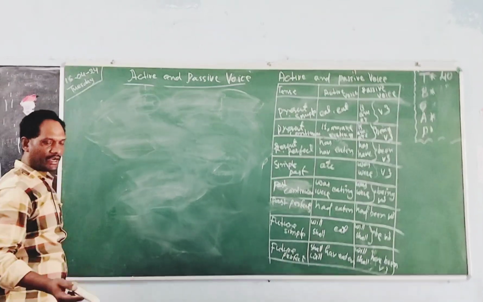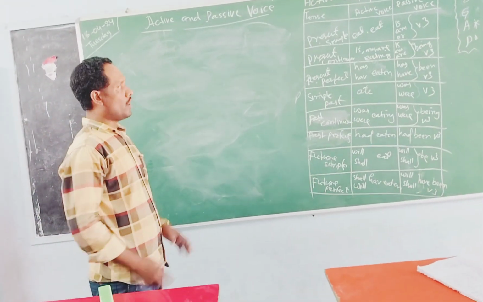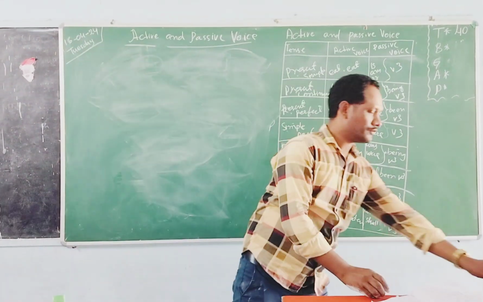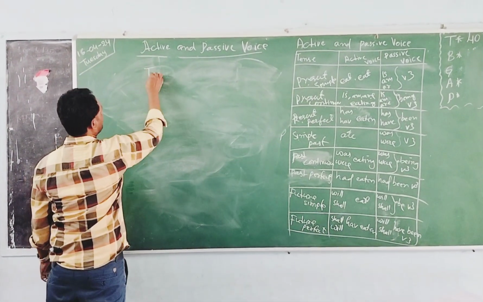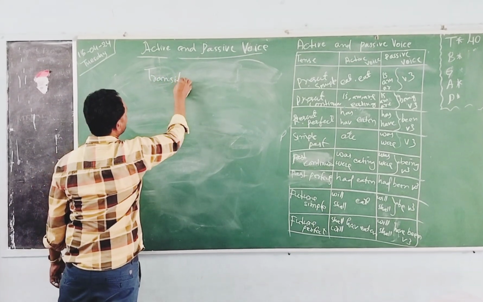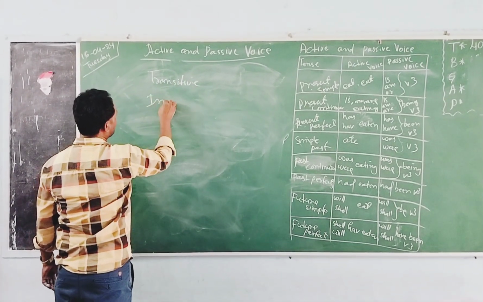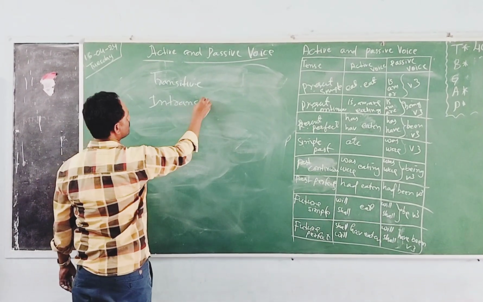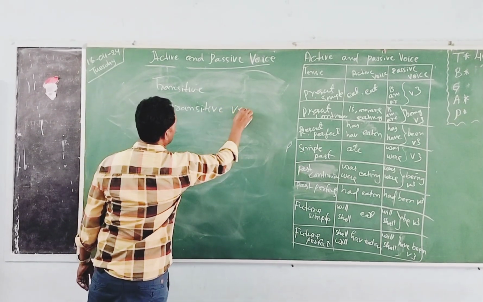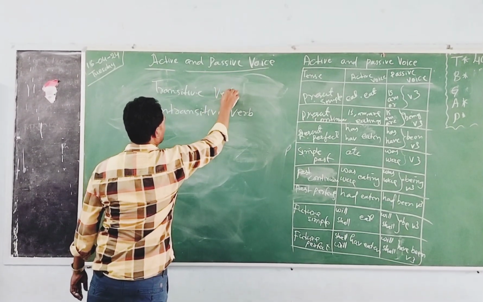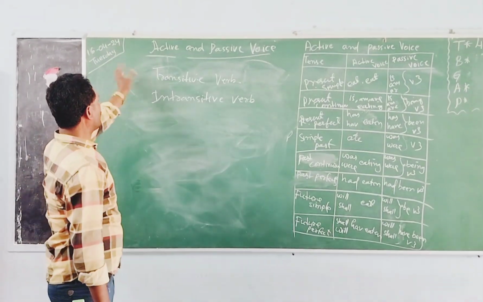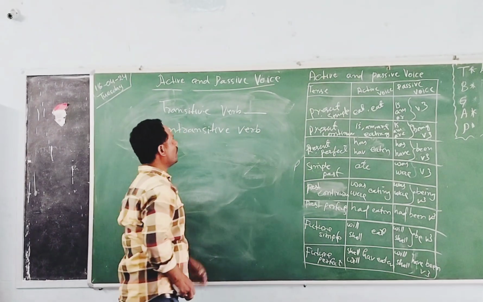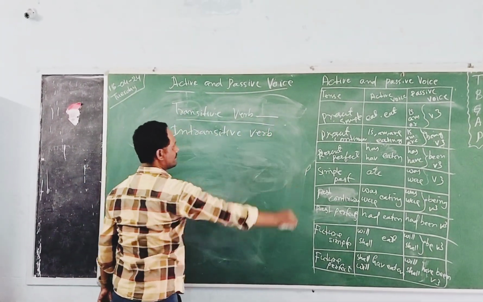First of all, we should understand how to change active voice into passive voice. We always have two types of verb: transitive verb and intransitive verb. So always understand, my dear students, only a transitive verb will change into passive voice.